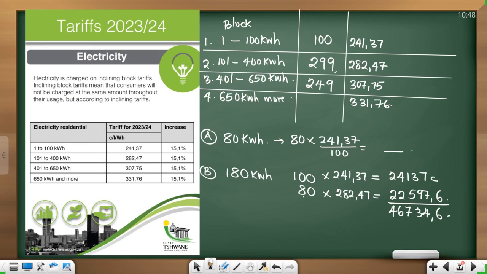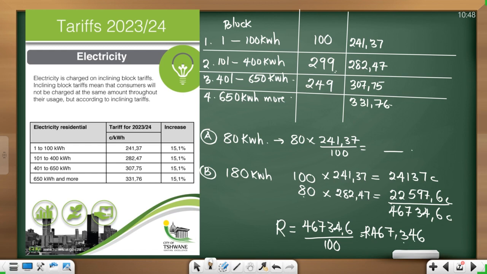This is still cents, so to get the cost in rands, you must show this calculation over 100. Put that in your calculator and you'll get 467 rand 35 cents. Why 35? It's 346. But money is always in two decimal places.